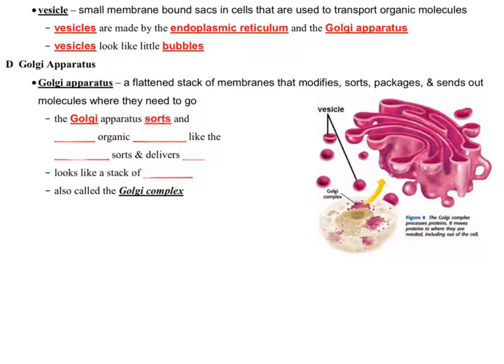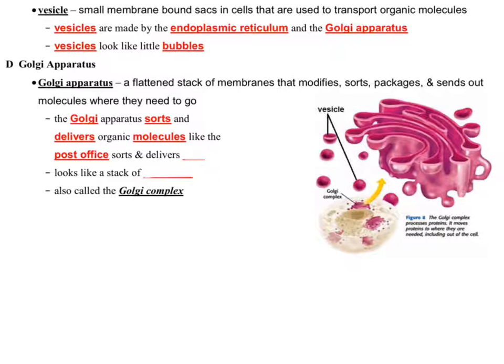So the Golgi apparatus sorts and delivers organic molecules, and there's a great analogy for the Golgi apparatus within the cell, and that is it's like the post office of the cell. Sometimes we use analogies for the cell. The organelles within the cell function sort of like entities within a city.